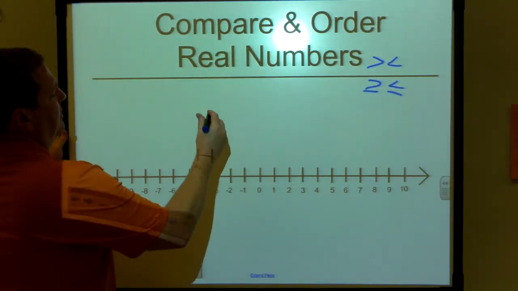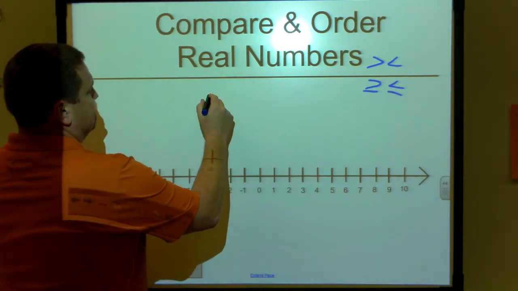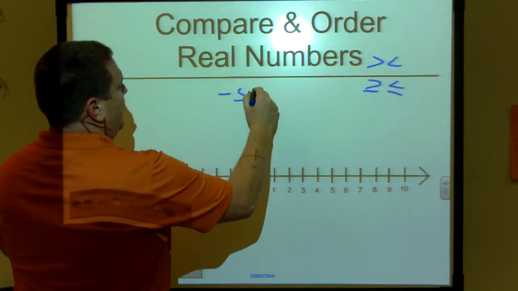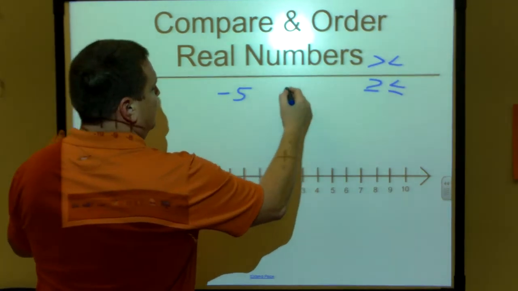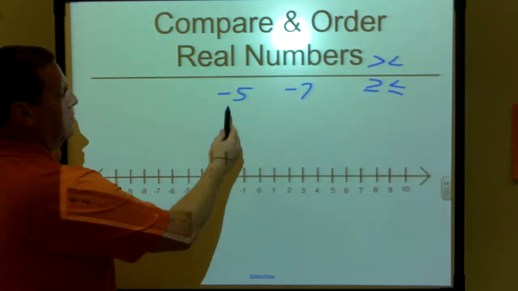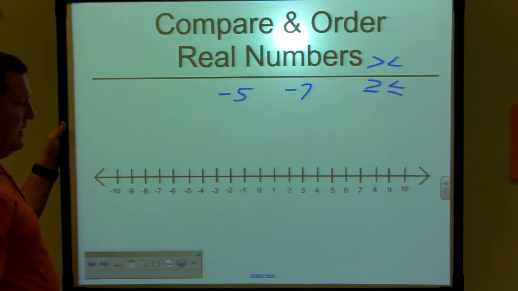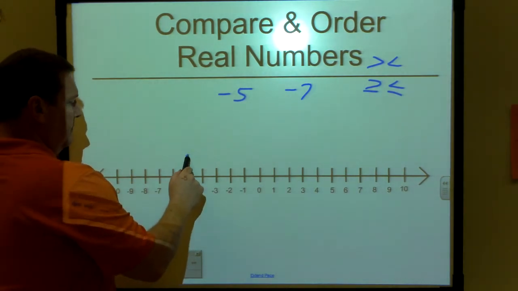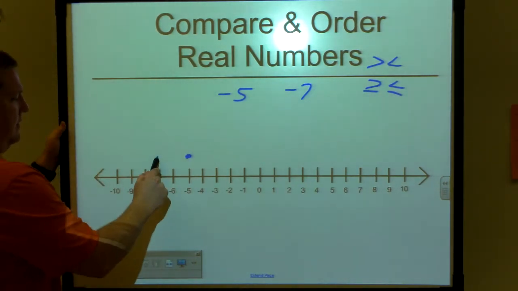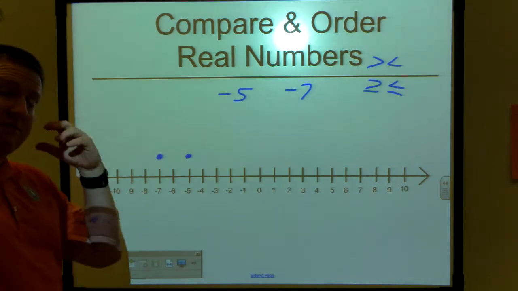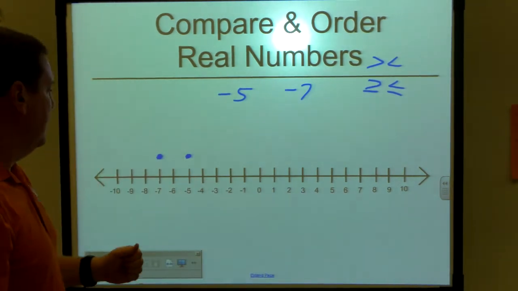And let's say I want to compare the number -5 to, let's say, -7. I want to know which one of these is the greater number. All I got to do is identify them on my number line, or just envision the number line in your head.